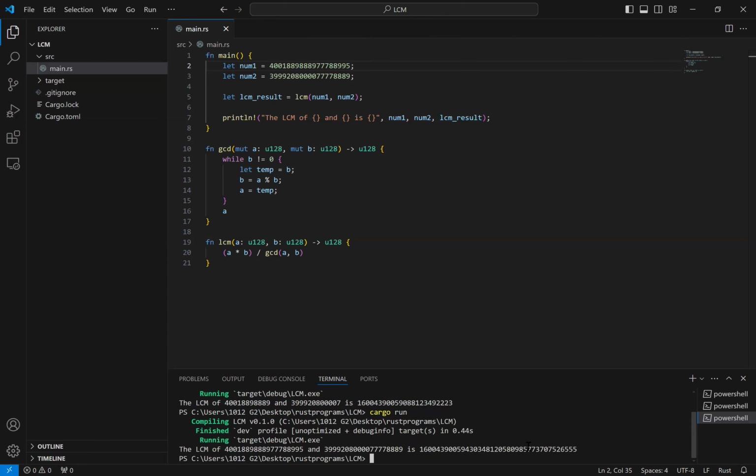It has given us some result here. It's a bigger number also, a very big one, but of course, this is how it works. This is how the LCM Rust code will work to give us the LCM.